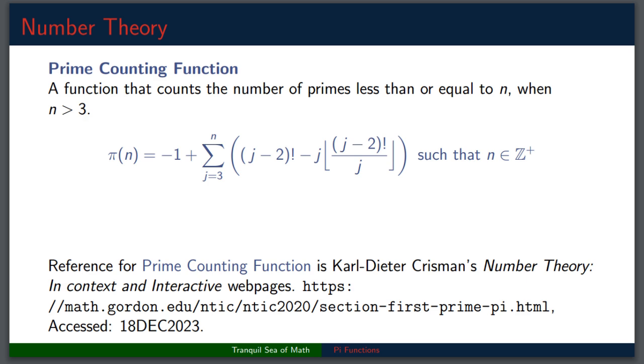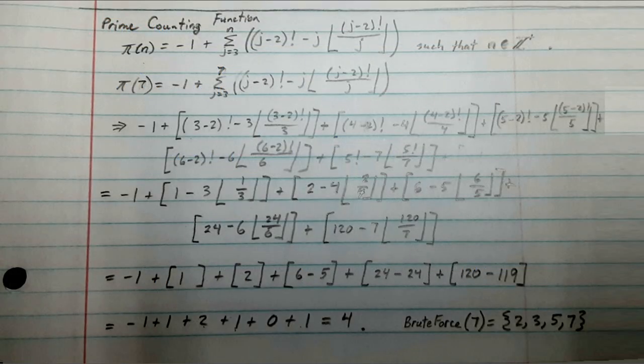And when we plug in integer values larger than 3 here, we will be able to know how many primes are less than or equal to the number that we are plugging in. So you can see as an example here, I did a calculation by hand, and you can see how long this takes.